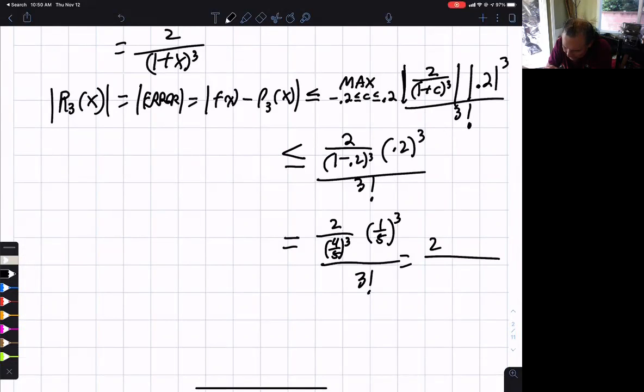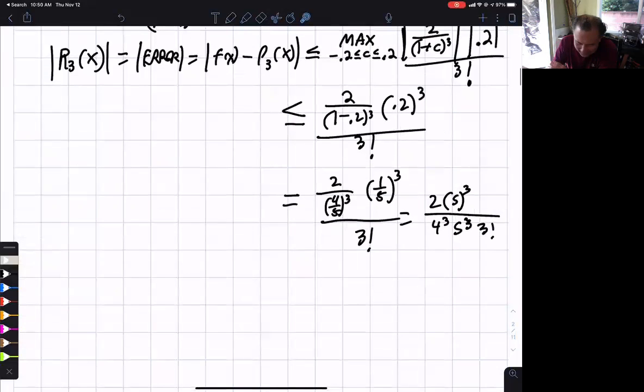We're going to have a 5 cubed. I'll explain that. And on the bottom, we're going to have a 4 cubed, a 5 cubed, and a 3 factorial. How did all that happen? This gets flipped. So the 5's are on top and the 4's on the bottom. So 5 cubed on top, 4 cubed on the bottom. That 5 cubed is on the bottom, and that's on the bottom.